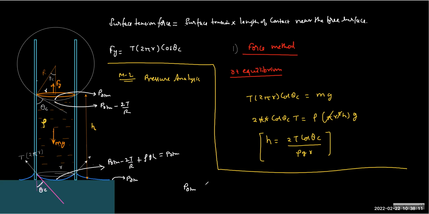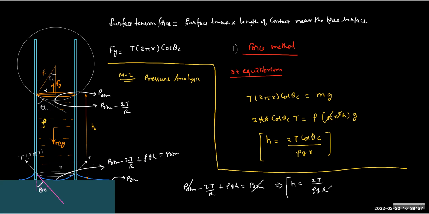You can either go from top to bottom or from bottom to top. It really doesn't matter. So P0 minus 2T by R plus rho g h is equal to P0. This we cancel out, so what we are left with is H equals 2T by rho g R.